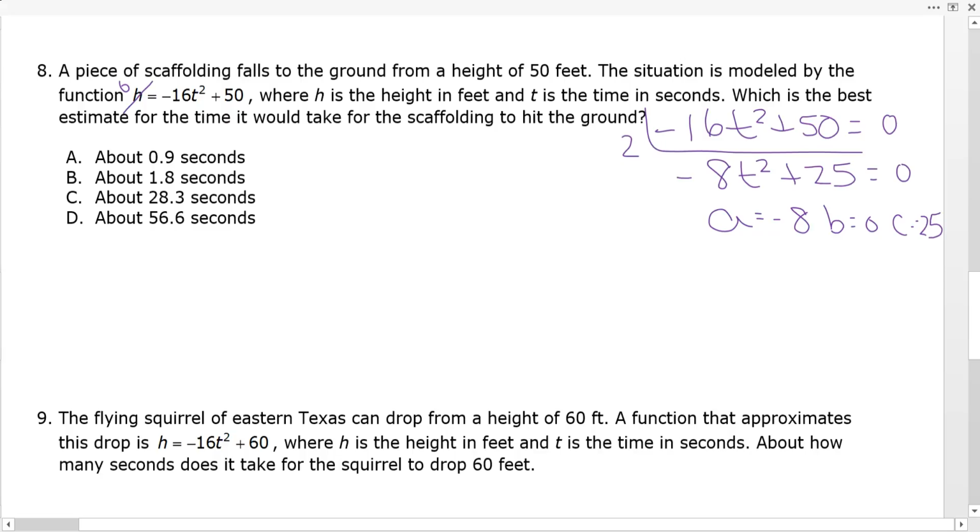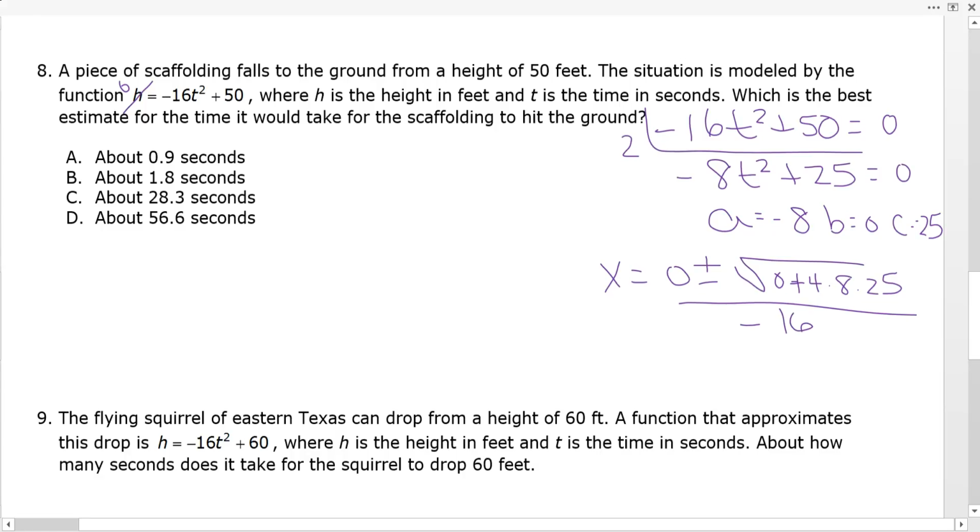So when B is 0, I have x equals -b plus or minus the square root of 0 minus 4 times 8 times 25. 8's negative, so it changes to plus, all divided by -16.